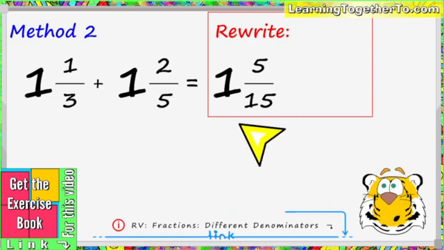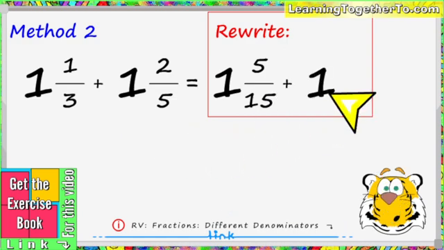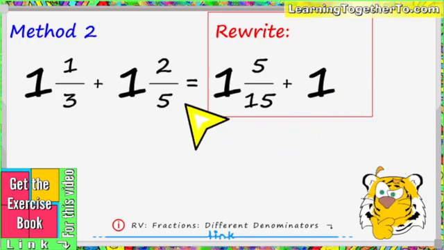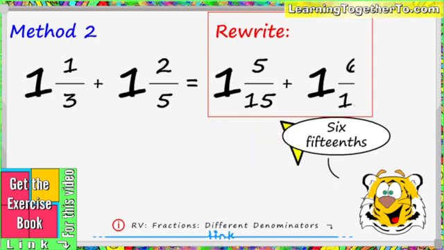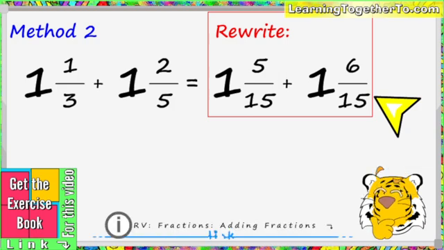Very good, Tim. The whole number in the second fraction also stays the same. Let's rewrite 2/5 as 6/15. Great job, Tim. Tim, let's add the whole numbers.